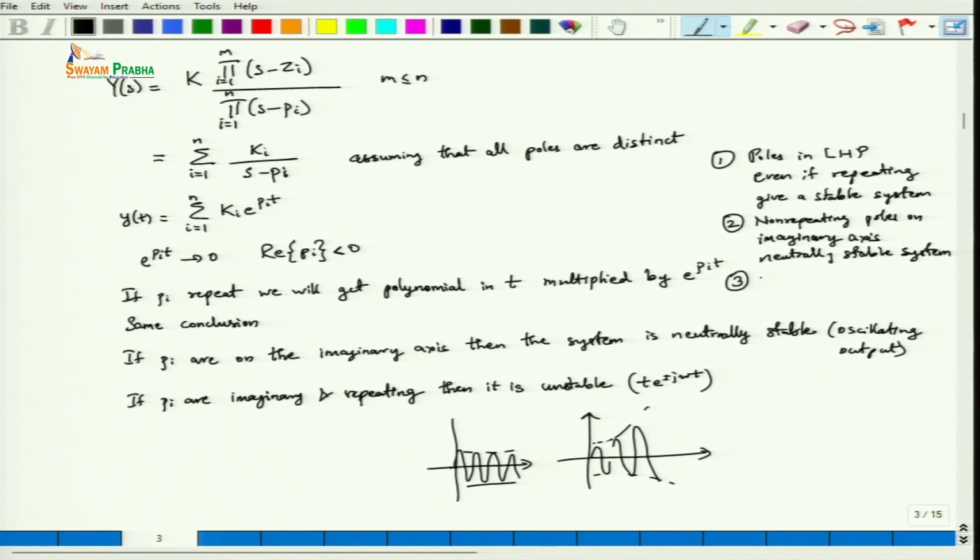And finally, if there are repeating poles on the imaginary axis, it is an unstable system.